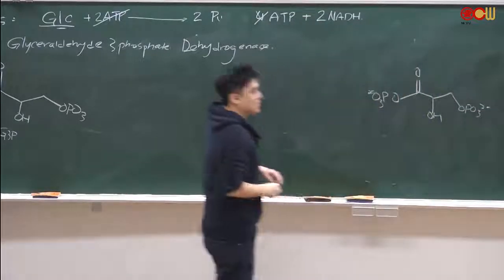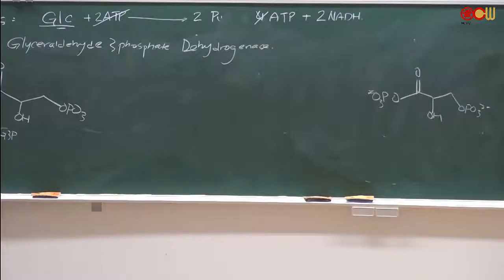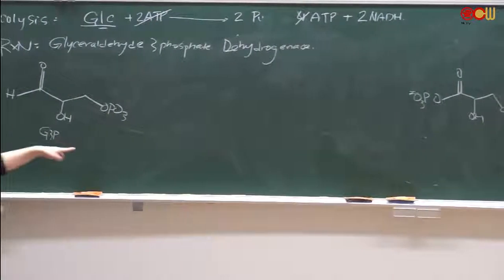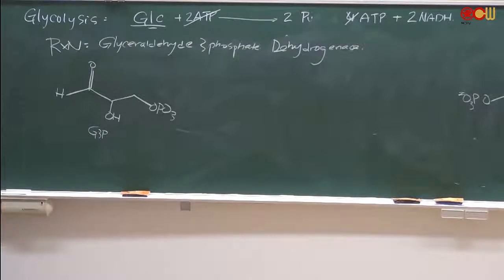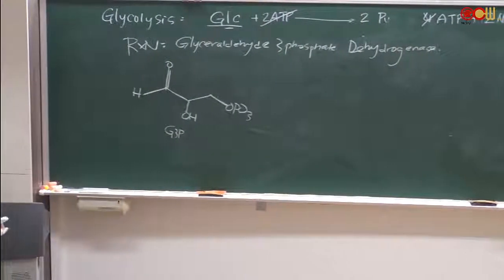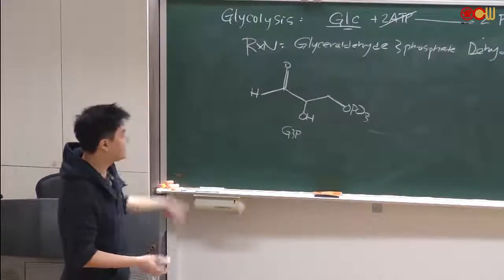What changed? You look at the reactant and the product, and the first thing you look at is what changed. Initially you started with an aldehyde, and at the end you have a phosphate ester. Remember that a phosphate ester has the same oxidation state as an acid, so you go from aldehyde to acid. This is an oxidation of the aldehyde.